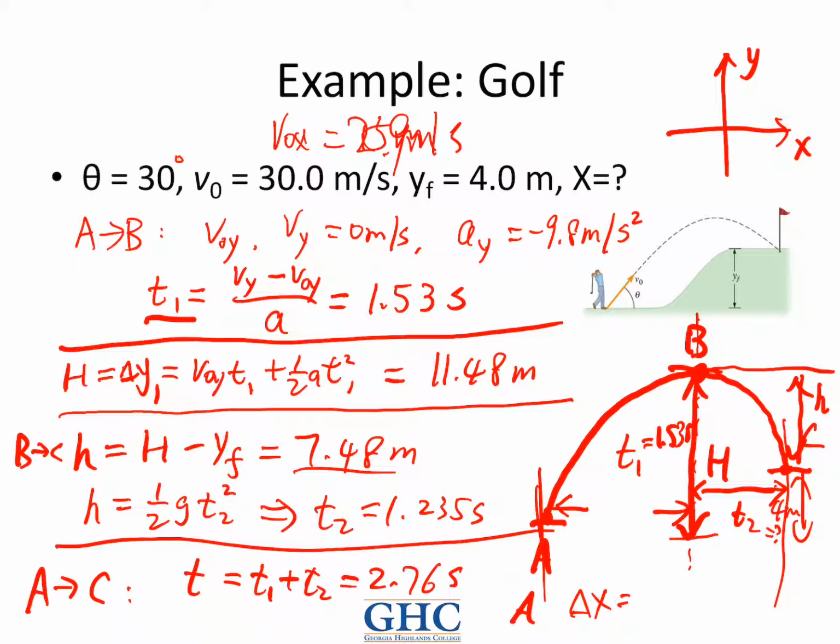So in the x direction the velocity is 25.9 meters per second times t. We solved 2.76, which also should give you roughly 71.9 meters. See, there are two different methods that give us a consistent answer.